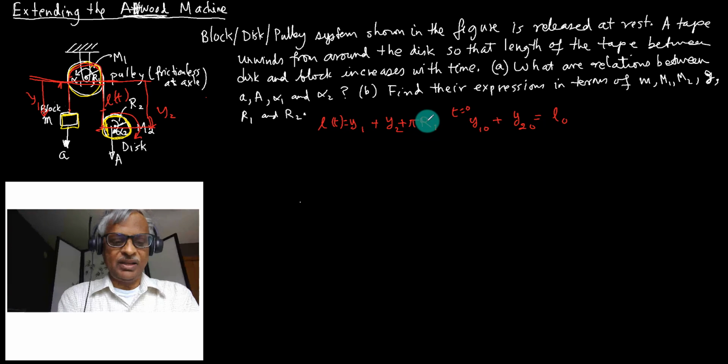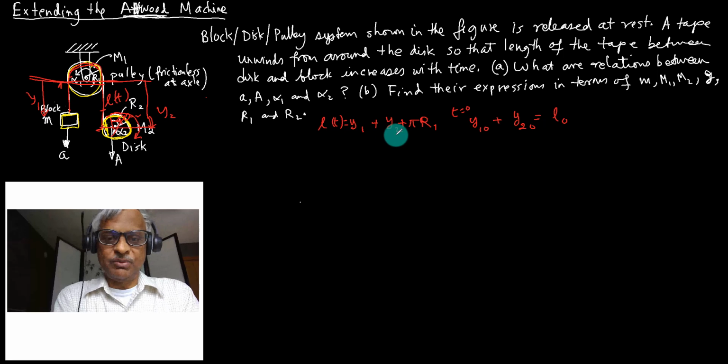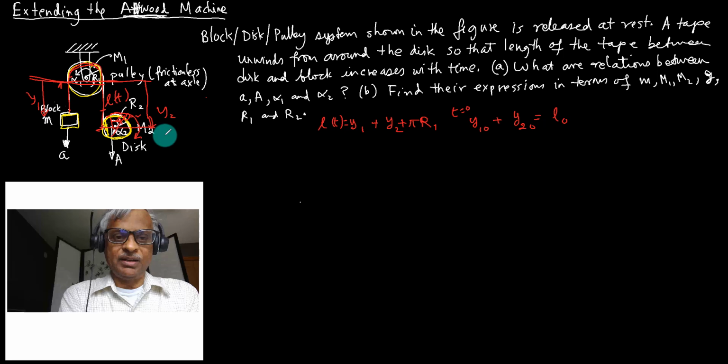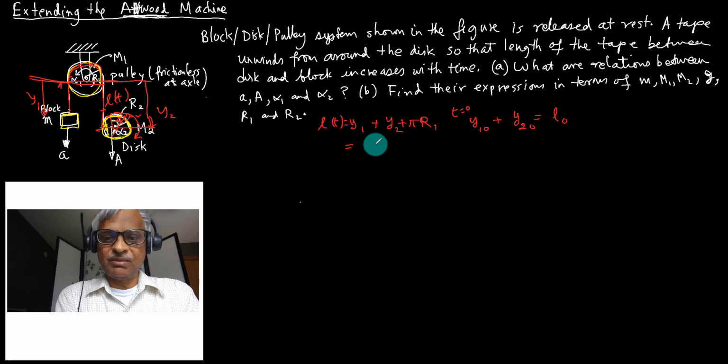So you have this, and some of this must have come from the unwinding of this. So if this thing unwound by delta theta 2, then we will say that y1, let's look at this. So this will be something that happened here, L0, and it extended because this kind of unwound.